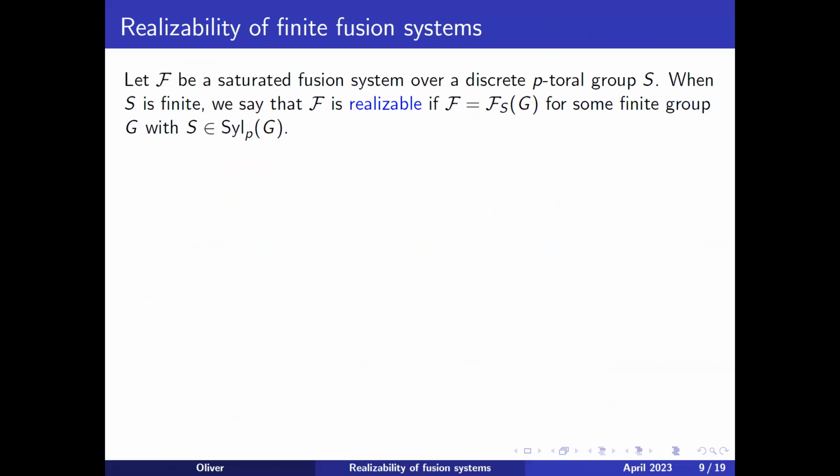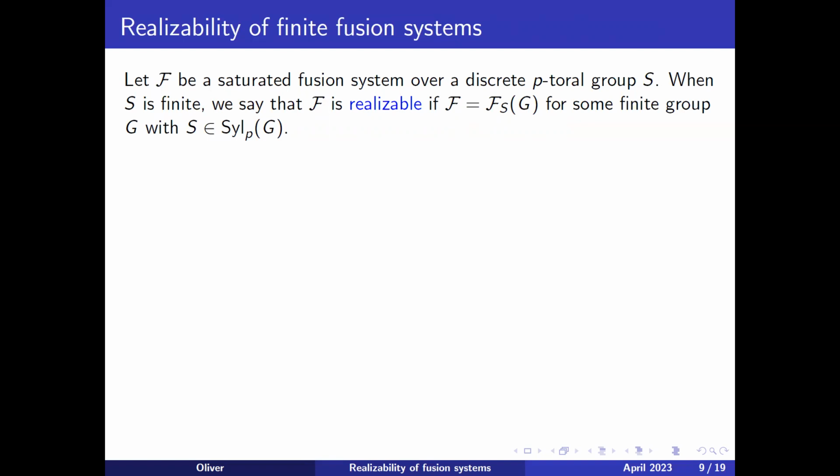Okay, so now we're looking at arbitrary saturated fusion systems over a discrete p-toral group S. And when S is finite, we say that F is realizable if and only if it's equal to, or isomorphic to, the fusion system of a finite group over one of its Sylow subgroups.